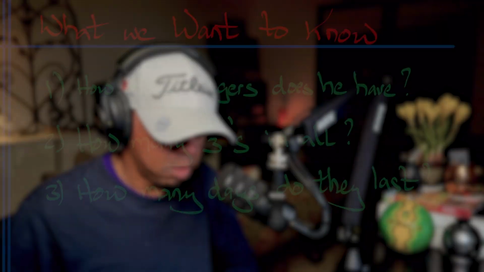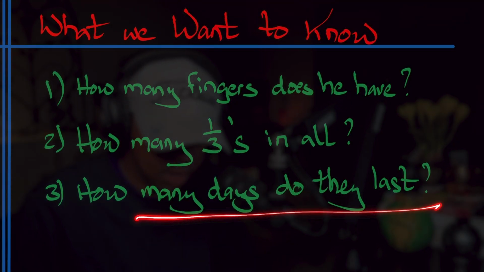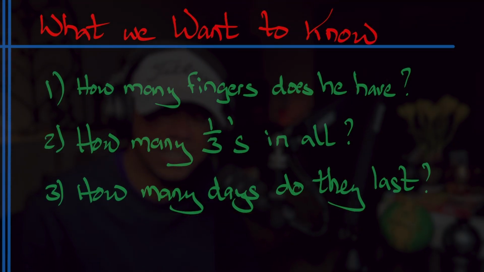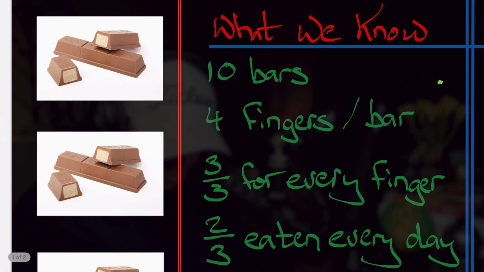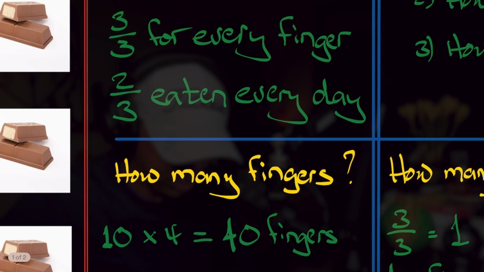How many thirds? The question we want to know is how many of those unit fractions does he eat each day? And then that'll let us figure out how many days it lasts. Ooh, the numerator right here, 2, tells us that 2 of the unit fractions are eaten each day.